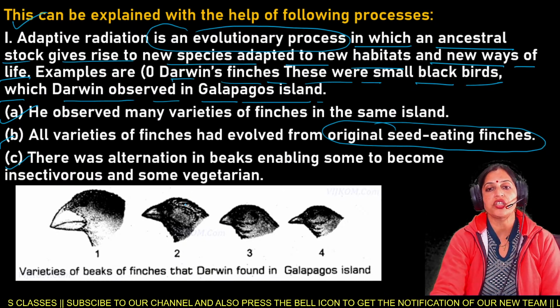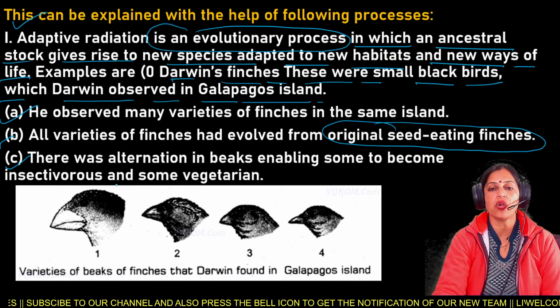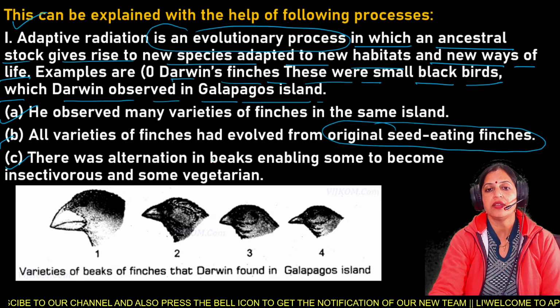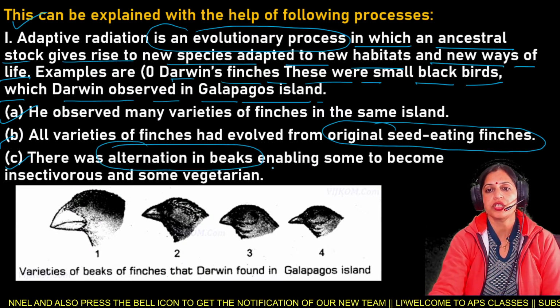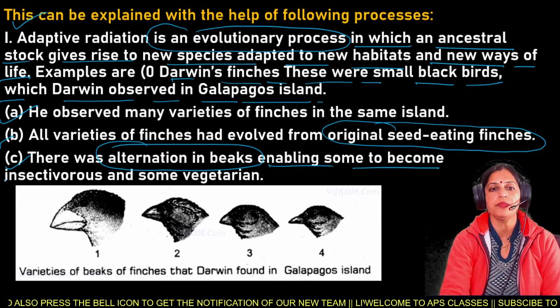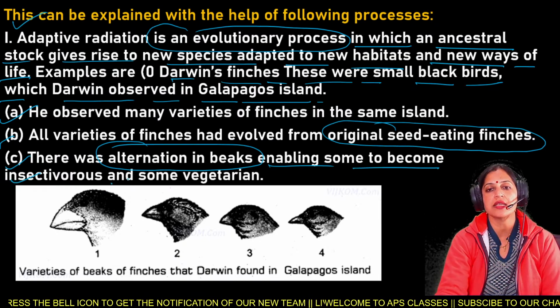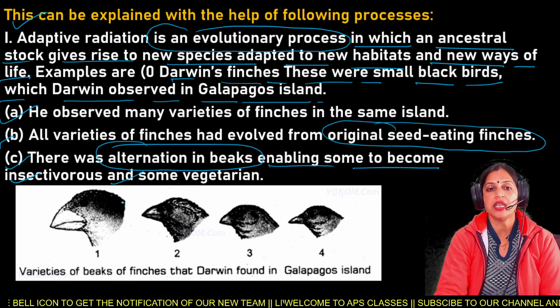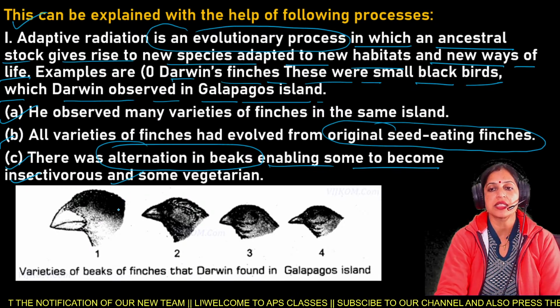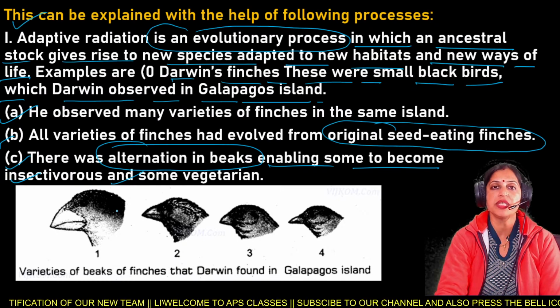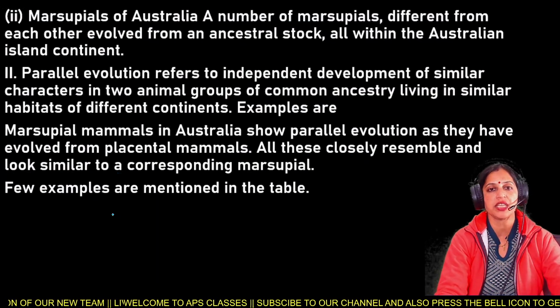There was alteration in beaks, enabling some to become insectivorous and some vegetarian.